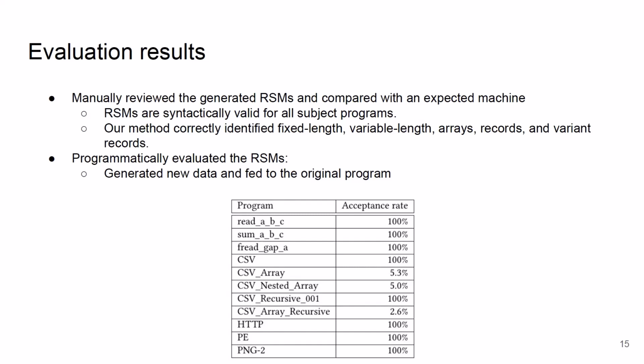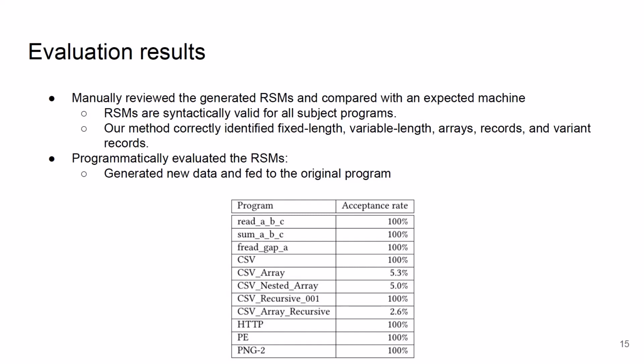We also evaluated programmatically. We did a graph traversal, generating new data. We generated 1,000 new data for each RSM and then fed them to the original program. Except for three subject programs, the acceptance rates were 100%.